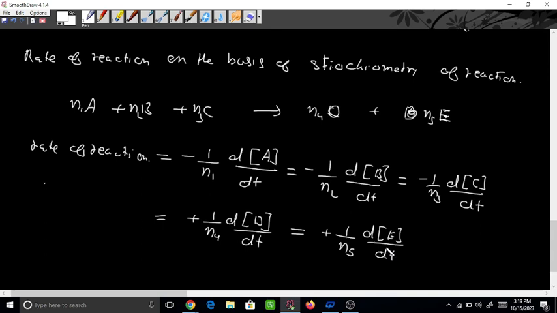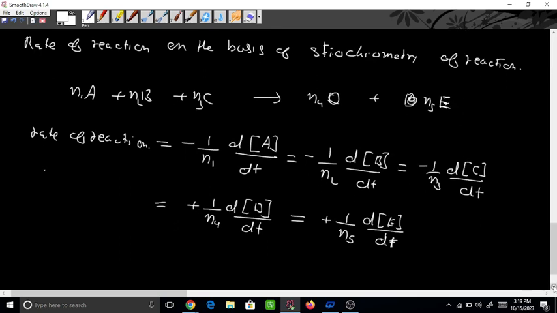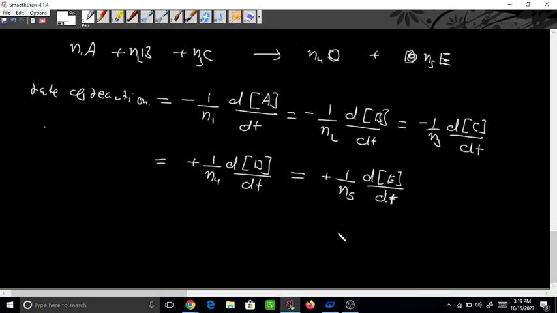How will questions come from this? Just wait for a moment, we will see the questions also. Just remember all this part. So these are the changes of concentration with respect to time, and all will give the rate of the reaction. Here we have three types of terms.